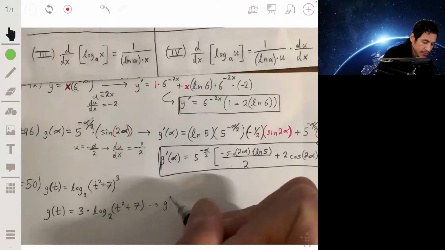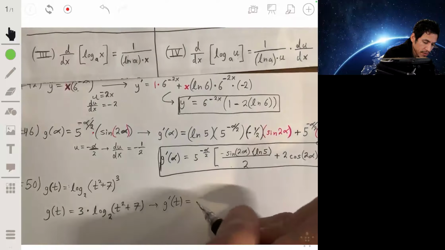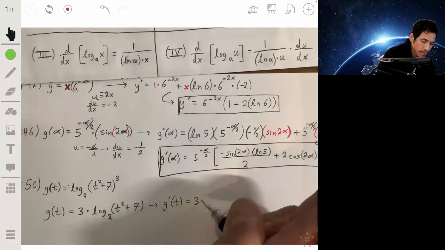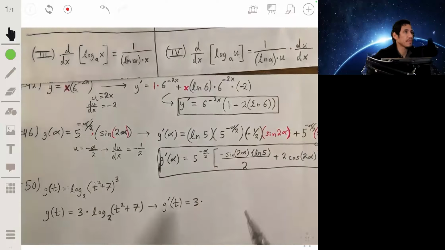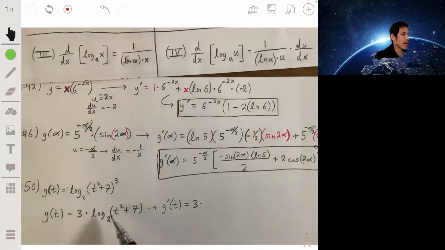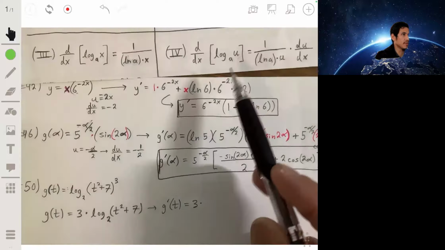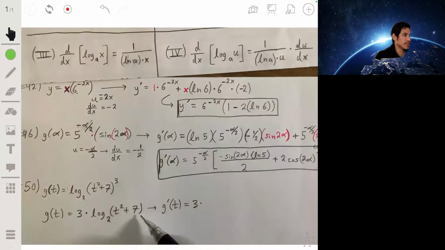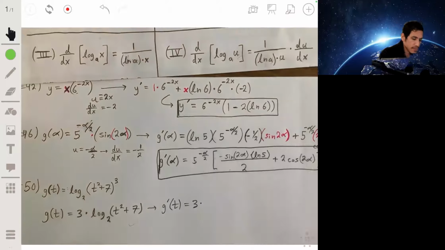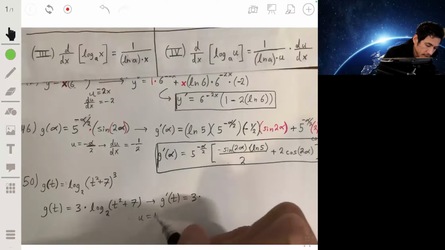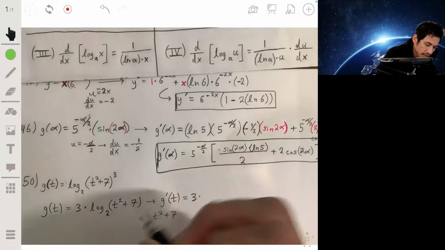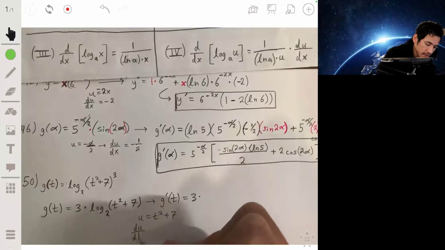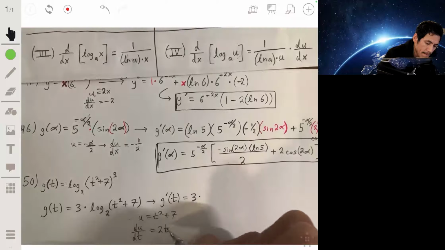So we'll have g prime of t will be 3 times. So here we have the logarithmic function where the a is 2 and the u is t squared plus 7. So u is t squared plus 7, and that means du dt will be 2t.